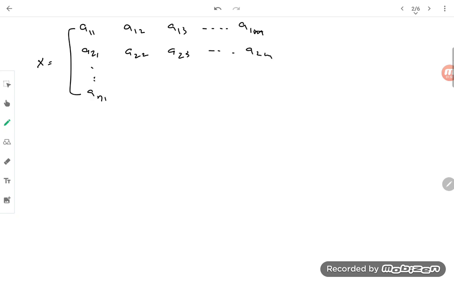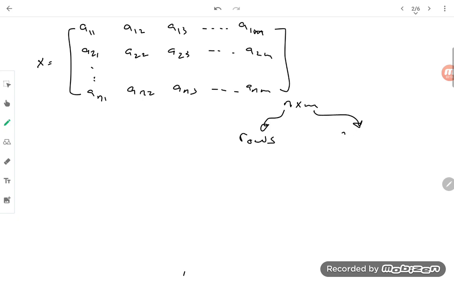And the last one, AN1, AN2, AN3, and so on till we reach ANM. So this is a matrix of n multiplied by m order, where n stands for number of rows and m stands for number of columns.